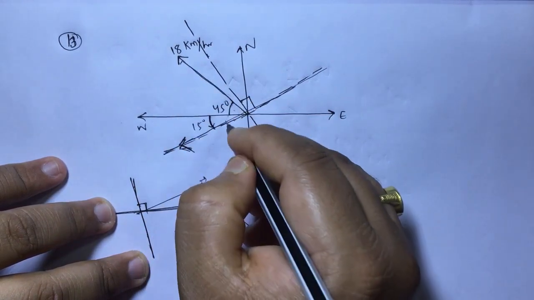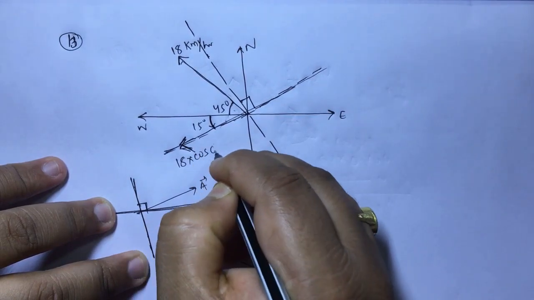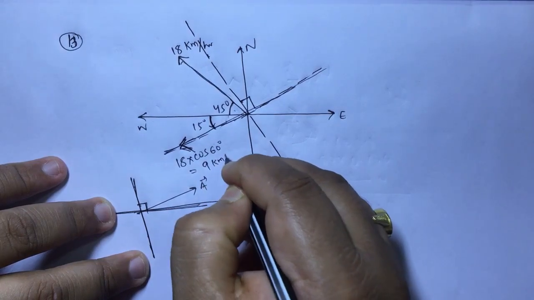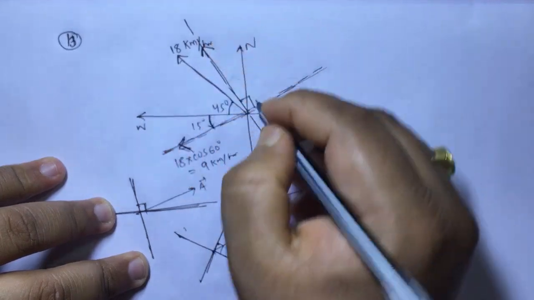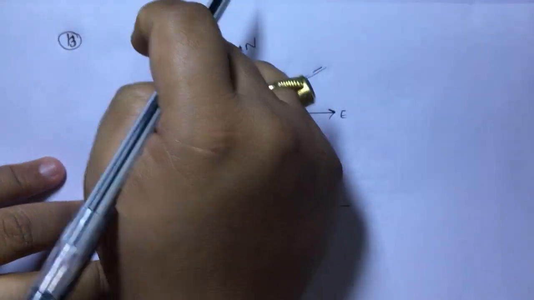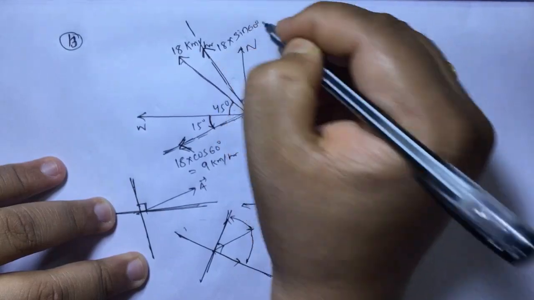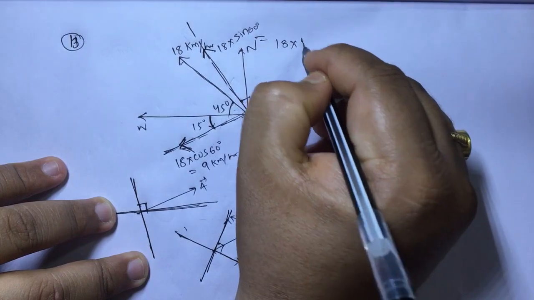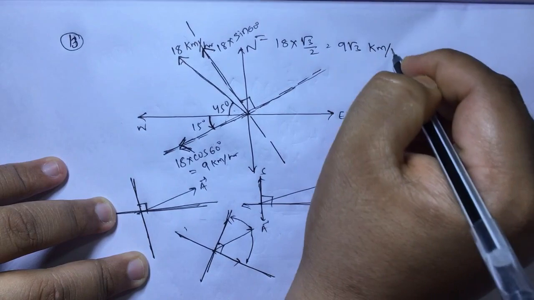So along this direction how much will it come? 18 into cos 60, because 60 is connected with this axis. So it will be 18 into cos 60 degrees. Cos 60 is 1 by 2, so it will be 9 kilometers per hour. And along the perpendicular direction, this direction, which is perpendicular to the shoreline, how much will it come? 18 into sin 60 degrees, and sin 60 is root 3 by 2, so it equals 9 root 3 kilometers per hour.